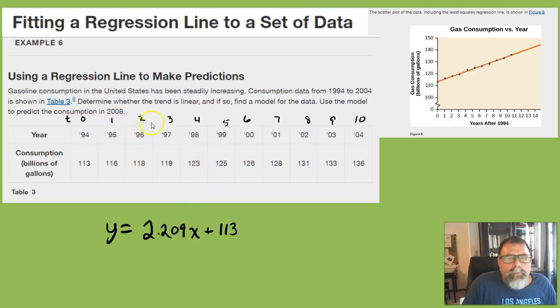So we want 2008. So 2008 minus 1994, that would be what?